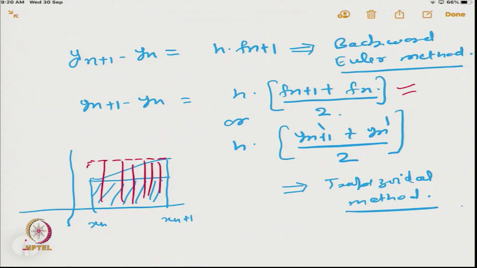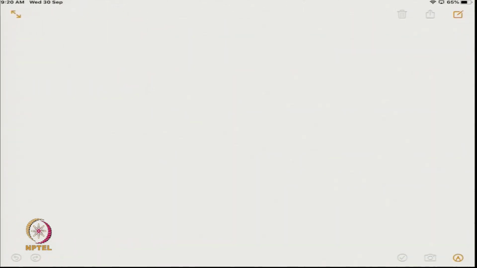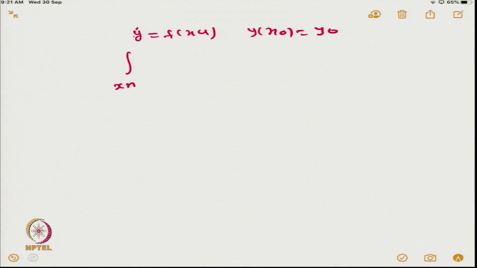Though we have seen only a few special cases like forward Euler, backward Euler, trapezoidal method, let me see one more case of an implicit method, which is the second order Adams-Moulton method, because we have already seen the difference equation of that method in the last lecture. So, again I am writing the differential equation. Let me integrate it. This time I am integrating from xn plus 1 to xn plus 2.